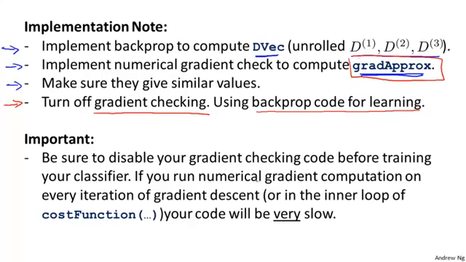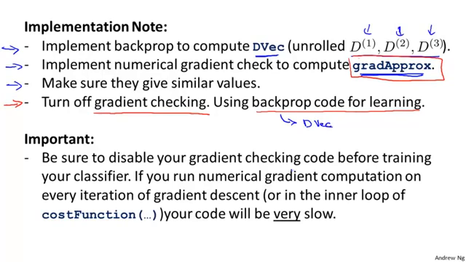And the reason for that is the numerical gradient checking code, the stuff we talked about in this video, is very computationally expensive. It's a very slow way to approximate the derivative. Whereas in contrast, the backpropagation algorithm that we talked about earlier, for computing D1, D2, D3, or for DVec, is a much more computationally efficient way of computing the derivatives.